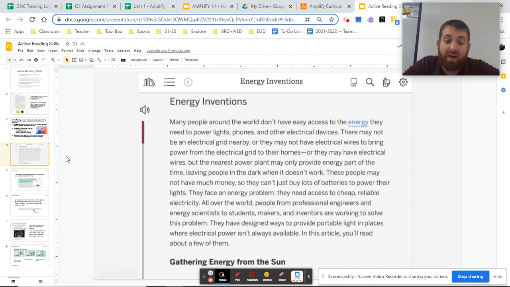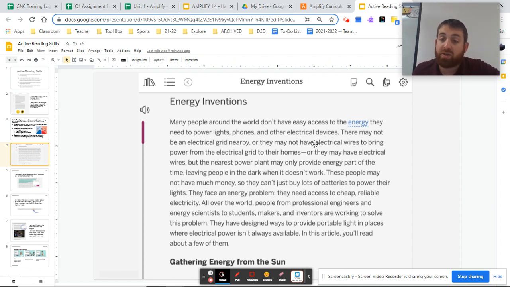These people may not have much money, so they can't just buy lots of batteries or power their lights. They face an energy problem. They need access to cheap, reliable electricity. All over the world, people from professional engineers and energy scientists to students, makers, and inventors are working to solve this problem. So, we've just read this article.